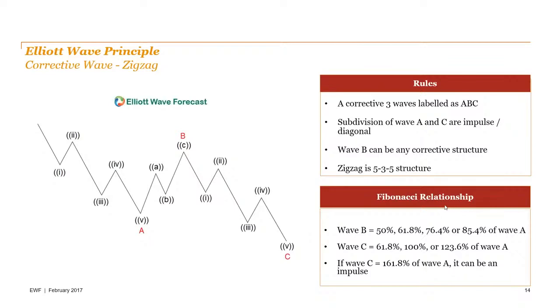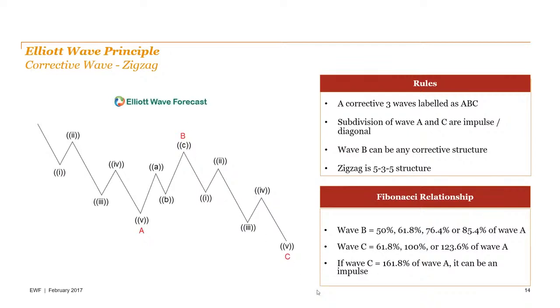Now the relationship Fibonacci wise, with B is 50%, 61.8%. Most of the time, this is the typical relationship. With C, usually is 100% to 123.6% of wave A. And then if wave C is 161.8%, it can be an impulse. We talked about it earlier.